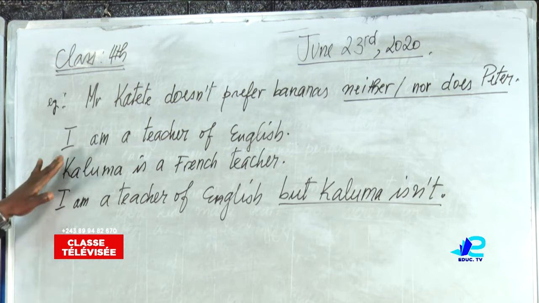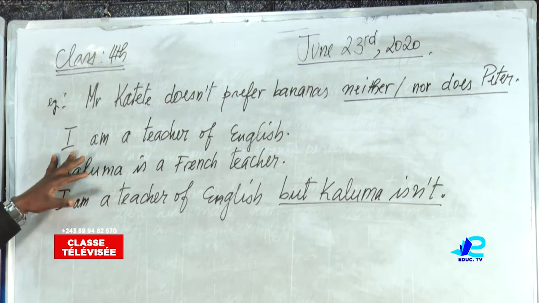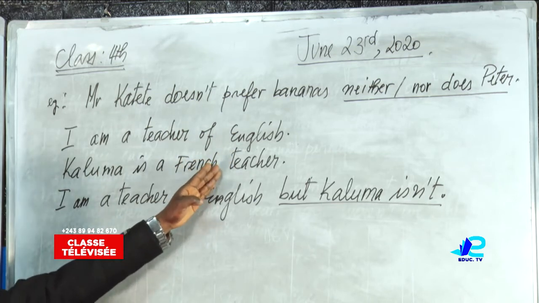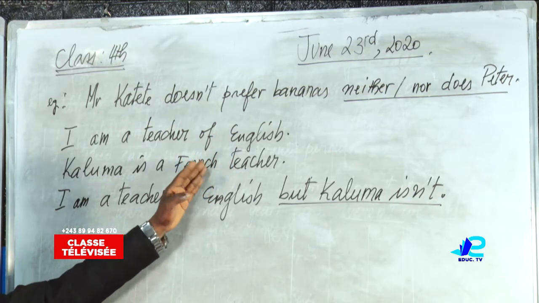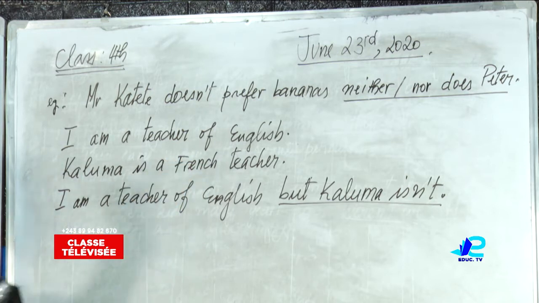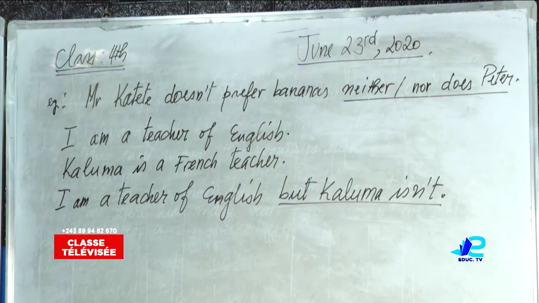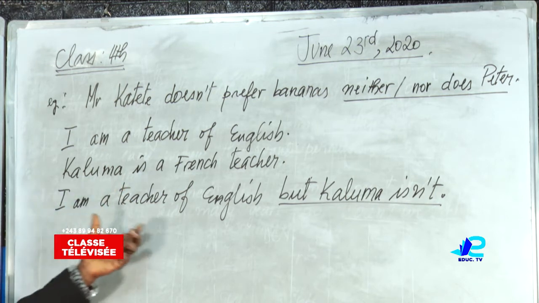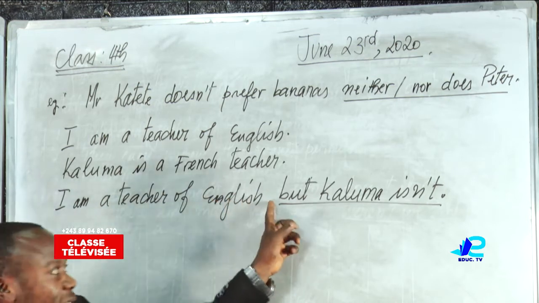You give one sentence using two different objects. French teacher, English teacher. But you choose other words. Other words can be a lawyer, a doctor. Okay? That's good. And after, you put the two sentences together like this, using but.